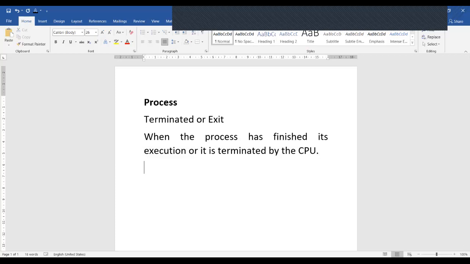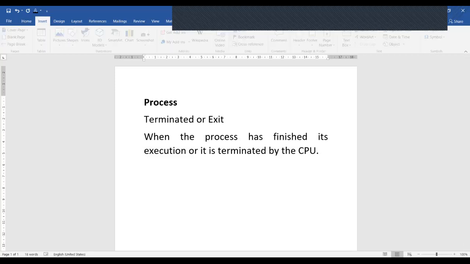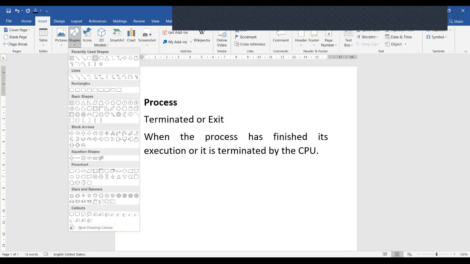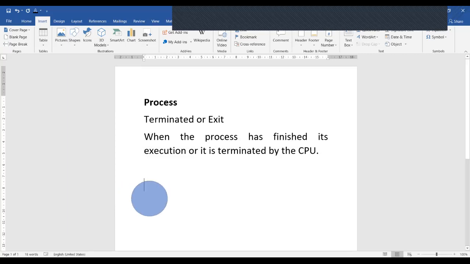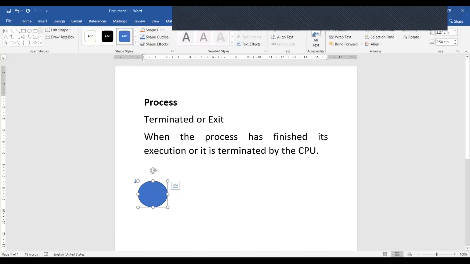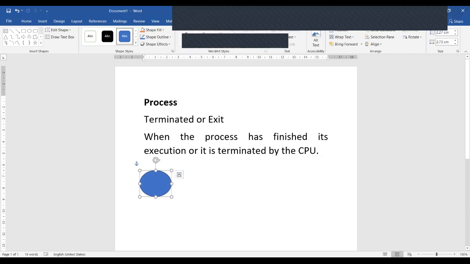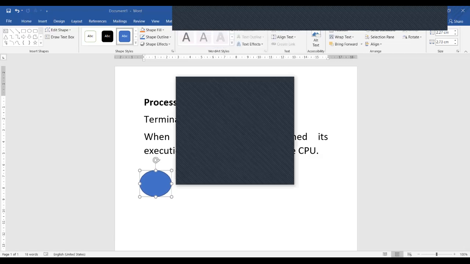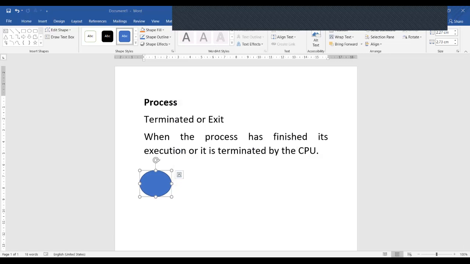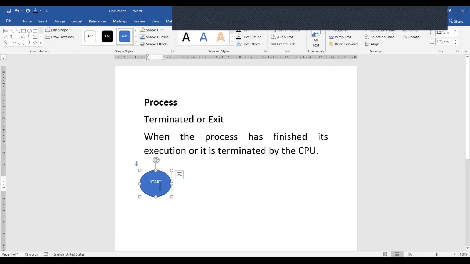Now let us draw the block diagram of different states of process. I am drawing the block diagram. This is the first state. First state was starting state.